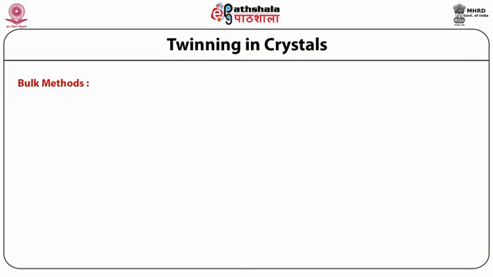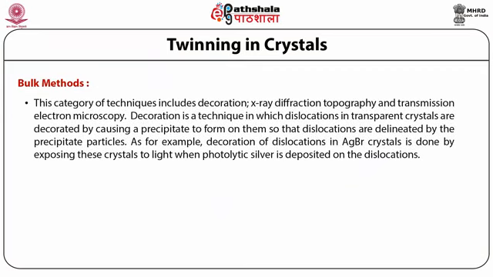Bulk methods. This category of techniques includes decoration, X-ray diffraction topography, and transmission electron microscopy. Decoration is a technique in which dislocations in transparent crystals are decorated by causing a precipitate to form on them so that dislocations are delineated by the precipitate particles.